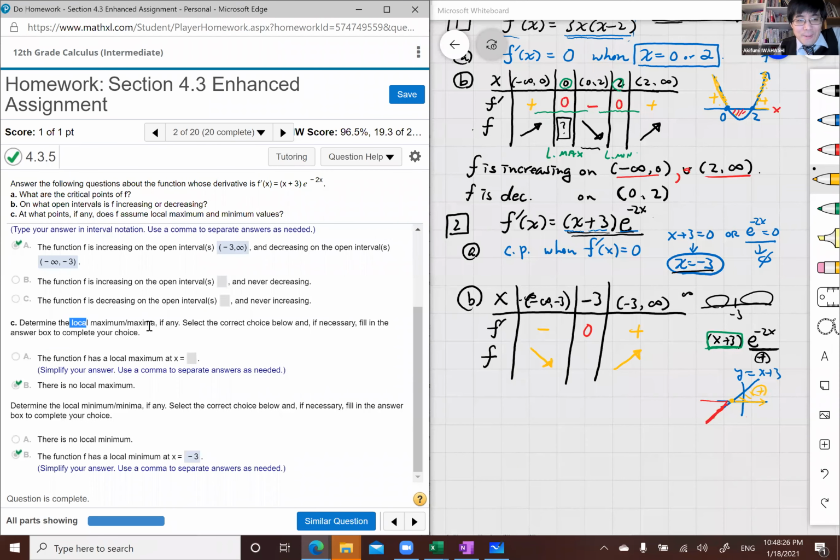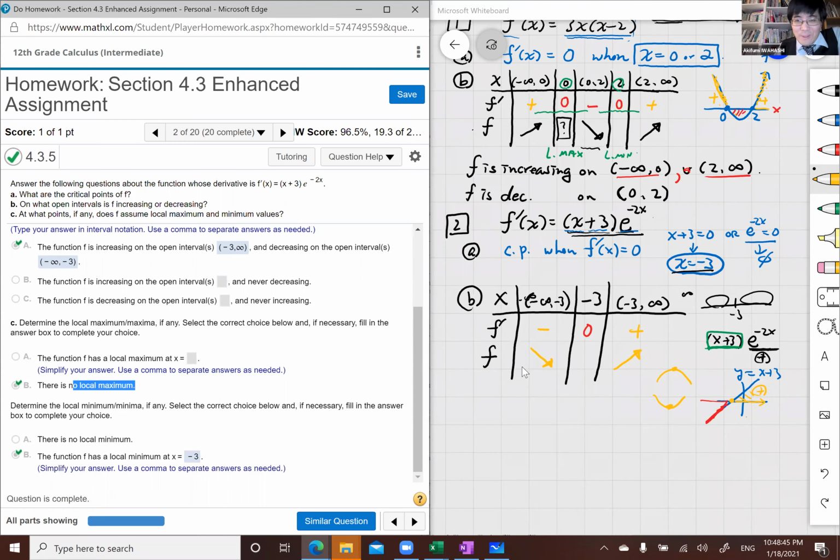Now, does it have a local maximum? It does not have a local maximum. A local maximum must be like a mountain here, but in this case you only have a local minimum. So the answer is there's no local maximum.